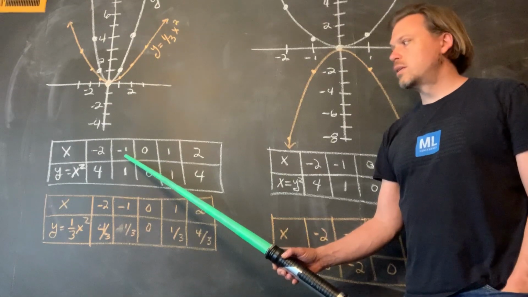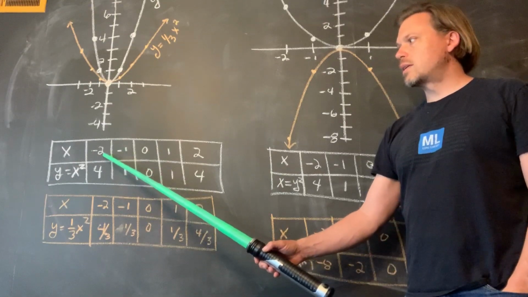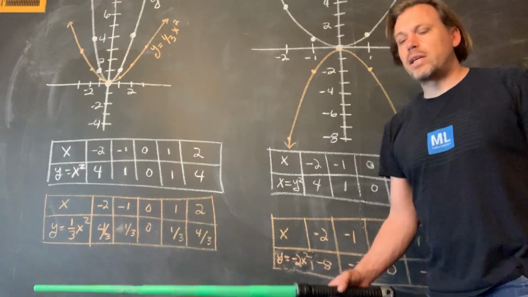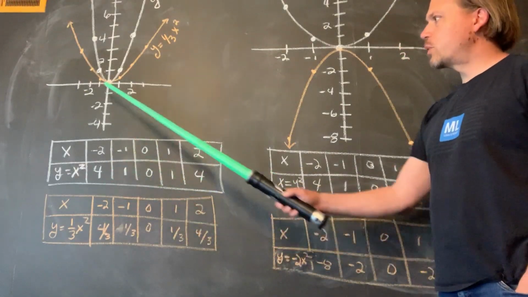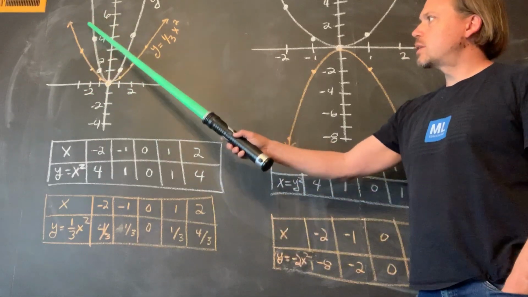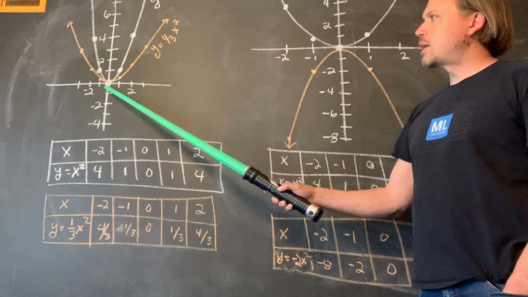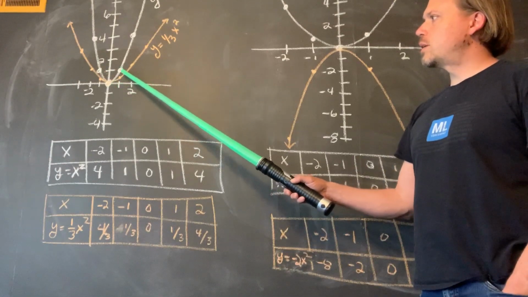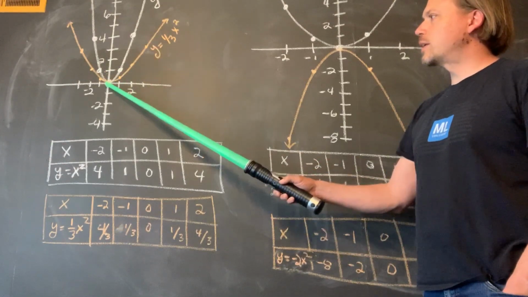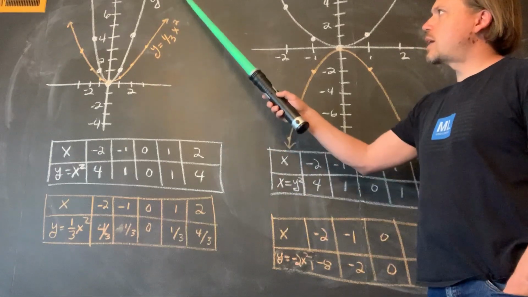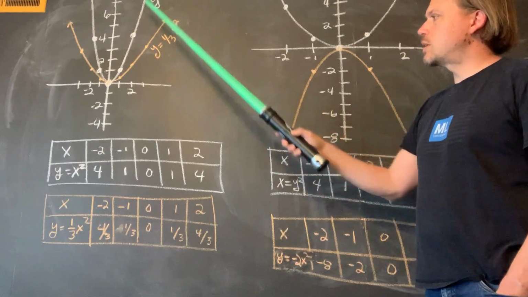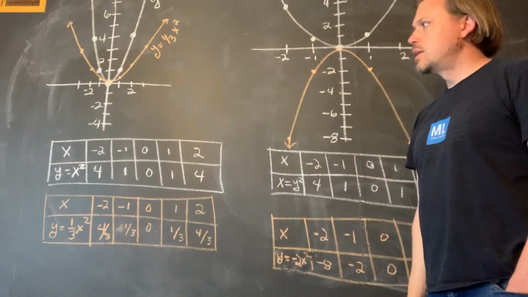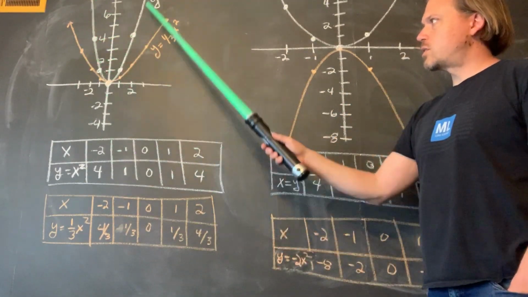Negative 1 squared is positive 1, negative 2 squared is positive 4. So if I graph these points, negative 2 up to 4, negative 1 up to 1, 0 stays at 0, 1, 1, 2, 4. I could go further. 3 squared is 9, so the graph goes all the way up to here. 4 squared would be 16, way up there. So you get this general shape.